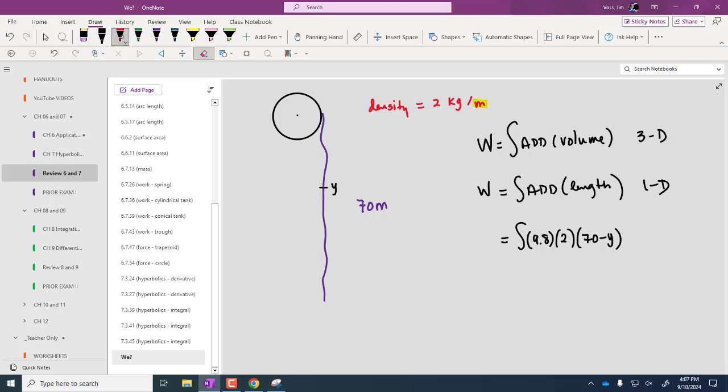And then length, again, is boiled all the way down to just the thickness of that cross-section of cable, and that thickness is dy. And then we're going to integrate from 0 to 70, all the way up.